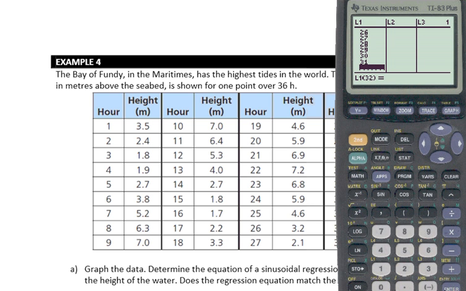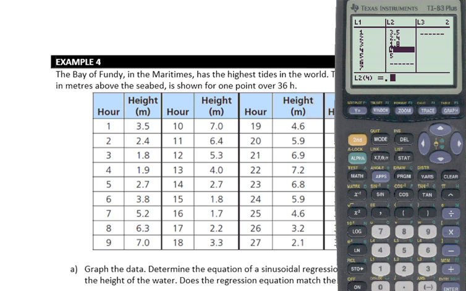This is the easy part. We haven't got to the hard part yet. 36. Okay. Okay, good. So now comes the fun part. But it's really nice if someone reads it to you. 3.5, 2.4, 1.8, 1.9. It's going to be a really nice regression, I think. 2.7.